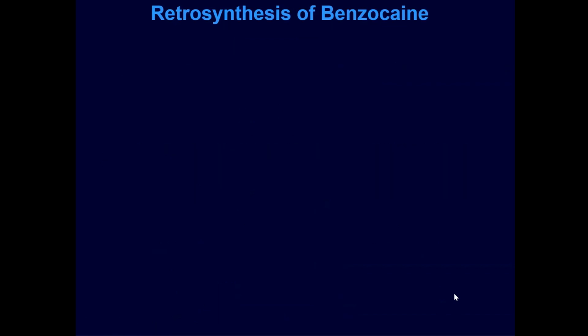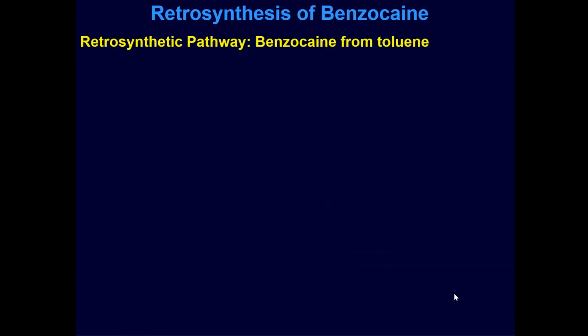I can explain this by taking benzocaine as an example. Retrosynthetic pathway: how to deduce the synthetic route for the synthesis of benzocaine? The target molecule has the structure para amino ethyl benzoate. I have this molecule now, I will analyze it and break the molecule conceptually such that I'll get synthons.